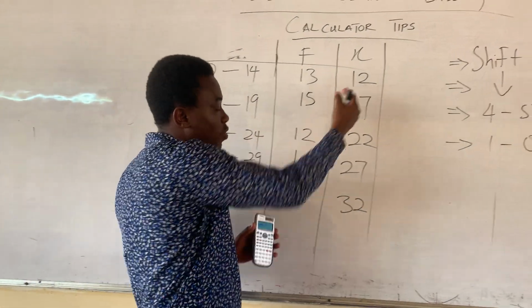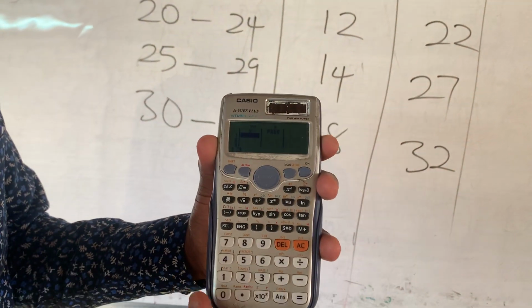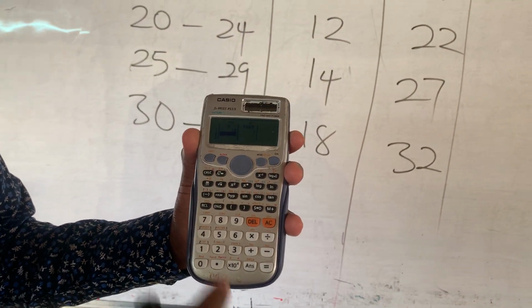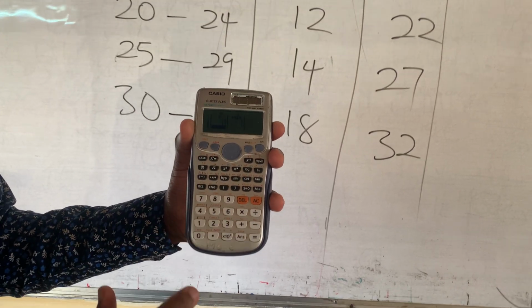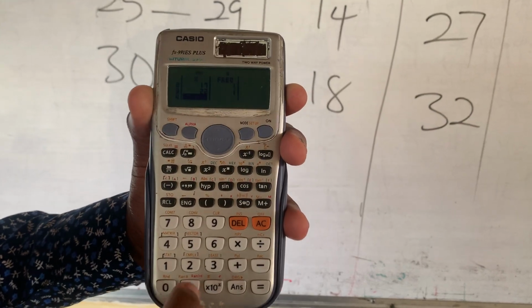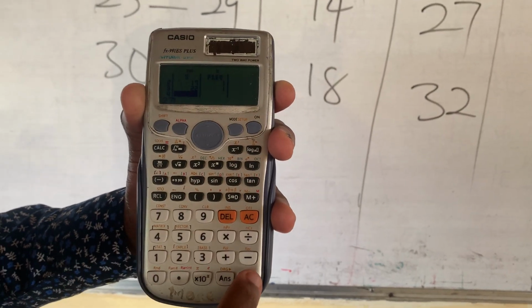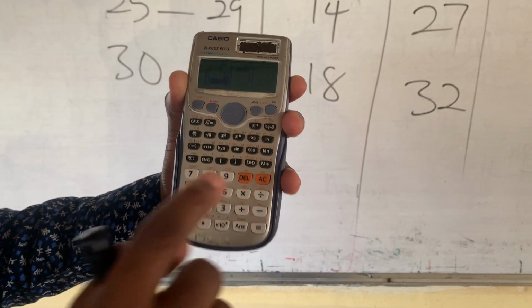So we begin with 12, then equal to, 17, equal to, 22, equal to, 27, equal to, and finally 32, then you press equal to.